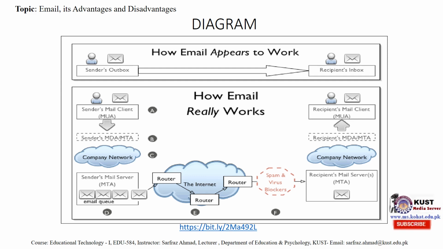If you recognize them, then that email comes to your inbox. So when the recipient's mail server receives it, it goes to the company network, and then the recipient receives that email. This is basically the process which goes on during the whole process of sending emails.